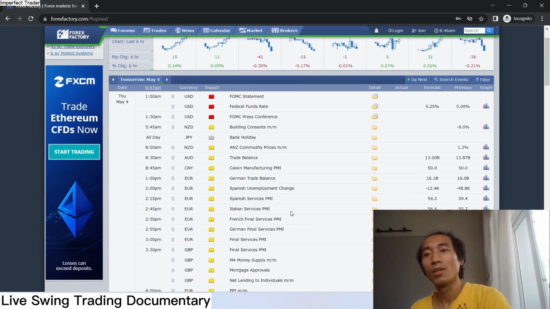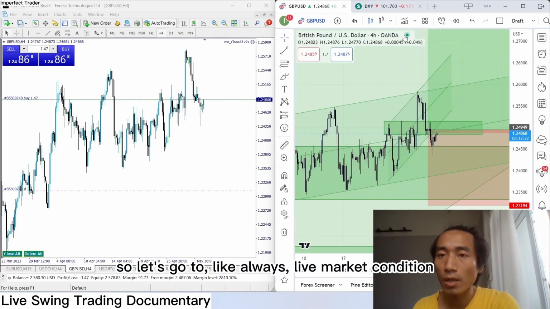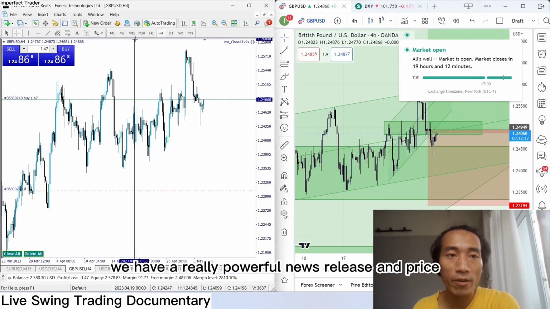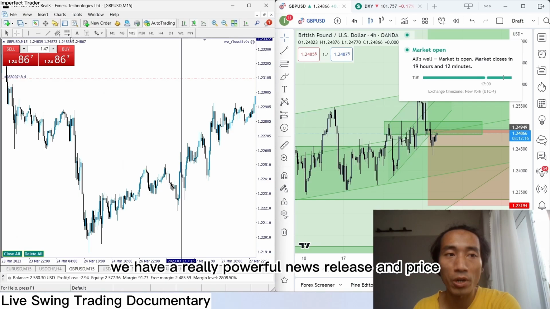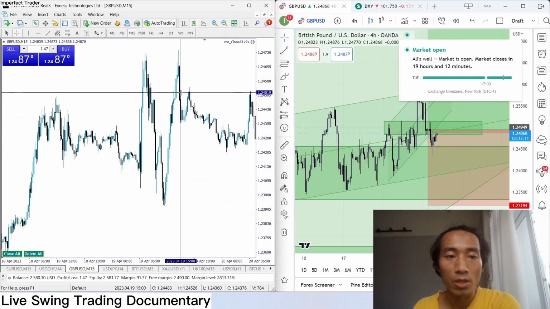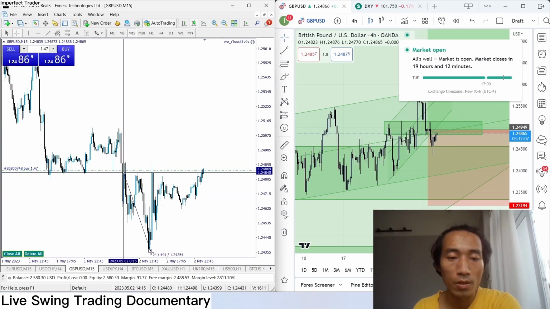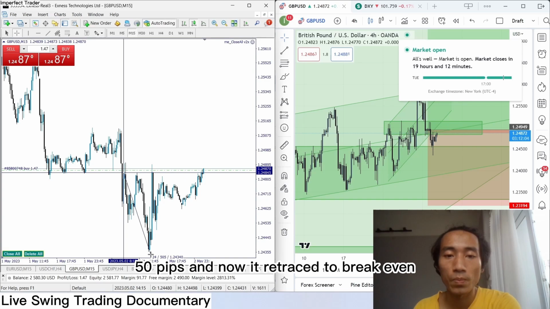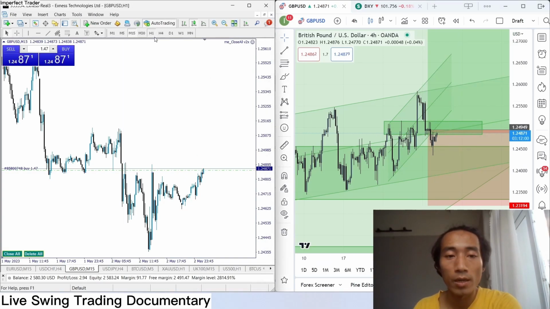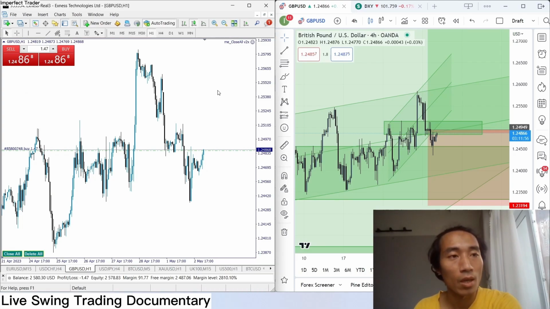So let's go to the live market condition, and you can see that yesterday we had a really powerful news release, and price went into drawdown around 50 pips, and now it's retraced to break even, and it has been 2 days.